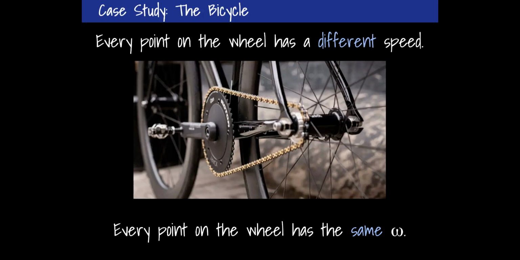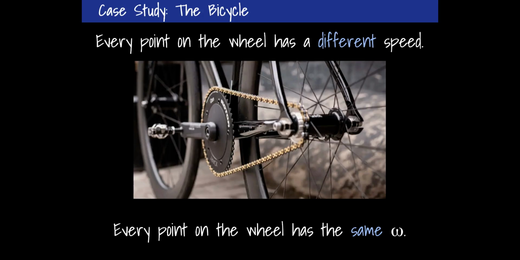And any other point towards the center of the wheel is moving slower, which means if you want to describe the rotation of the wheel in terms of its speed, every part of the wheel has a different speed. That's horrible. That makes it very difficult to describe the speed of the wheel when every part of the wheel has a different speed. That is why I want angular quantities.